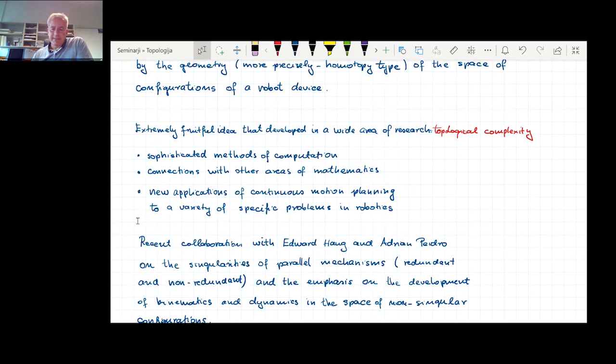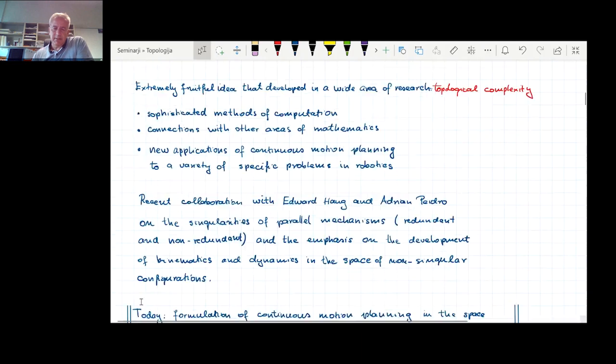And here the emphasis is the theory, I mean development of different methods, essentially kinematics and then dynamics, which completely avoids singular configurations, because I'm going to explain what kind of singularities appear in these mechanisms, and this makes all kind of standard methods difficult or unstable. So the idea is to consider only the non-singular part, the singularity-free part of the problem.